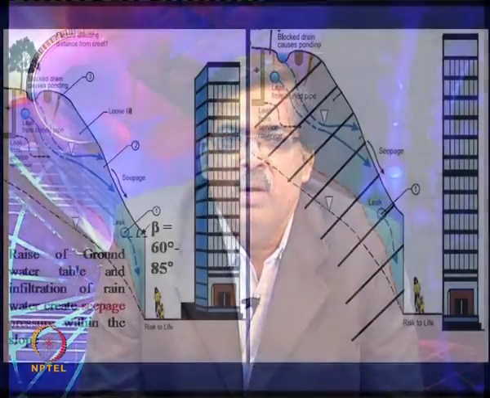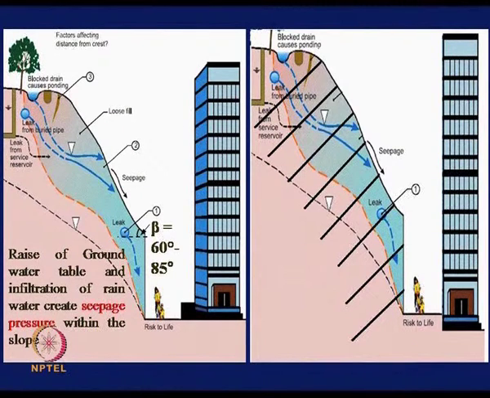Here is a typical example showing how a rise of the groundwater table and infiltration of rainwater create seepage pressures within the slope. When buildings are constructed close to hill slopes, this type of slope is prone to instability failures, and if the surrounding soil is weak, then adopting a soil nailing technique is a viable option.